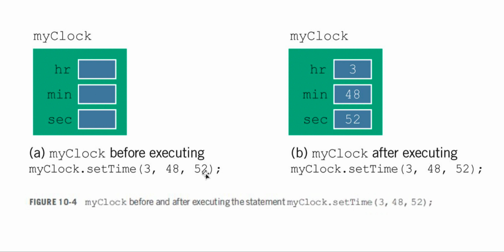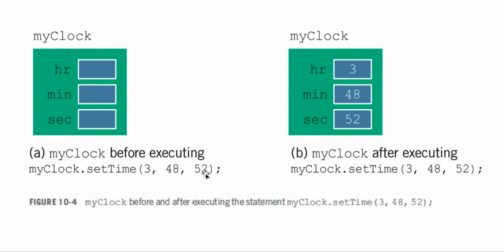Next, in the statement myClock.setTime(3, 48, 52), setTime is accessed by the object myClock. Therefore, the 3 variables hour, minute, and second referred to in the body of the function setTime are the 3 member variables of myClock. When the body of the function setTime executes, the value of hours is copied into myClock.hour, the value of minutes is copied into myClock.minute, and respectively, the value of seconds is copied into myClock.second.